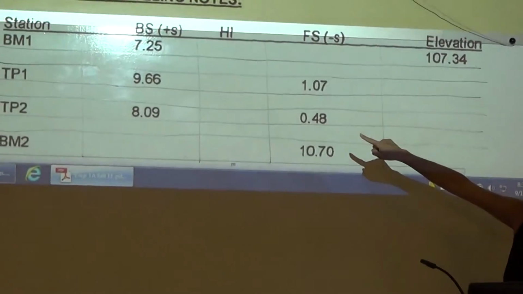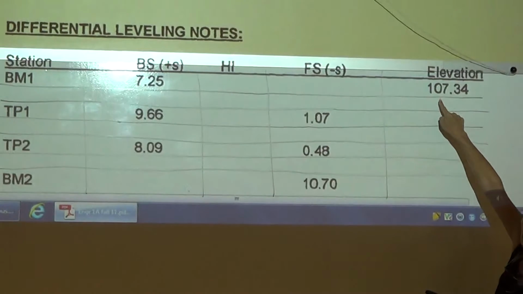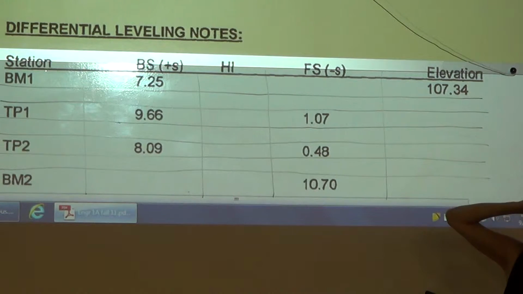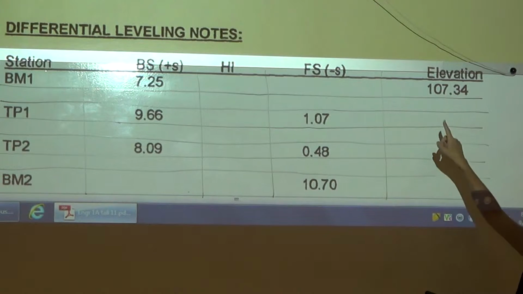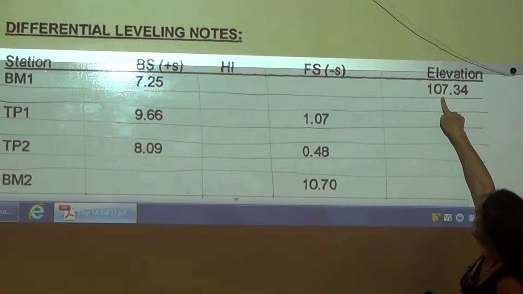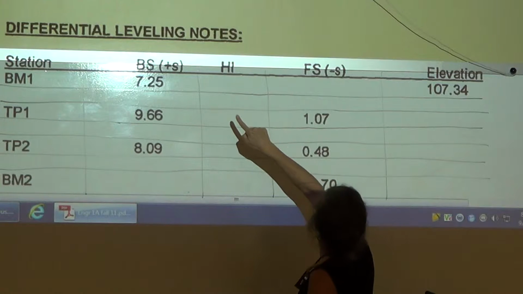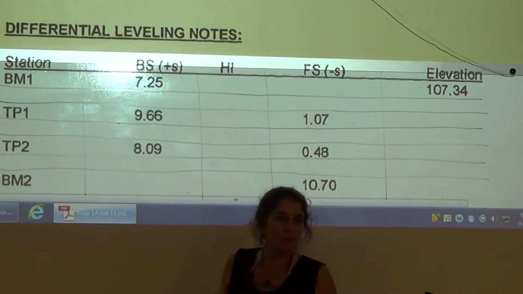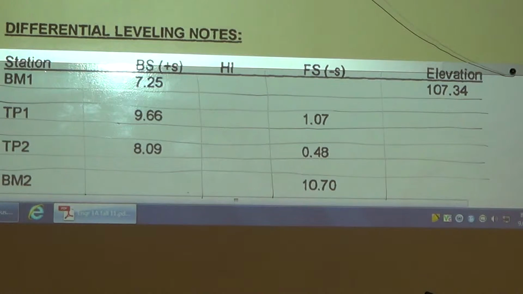The backsight, which is 7.25, right? So if you get the elevation of 107.34, and then you get a backsight of 7.25, what do you do with those two numbers? You add them, and what do they become? The height of instrument.